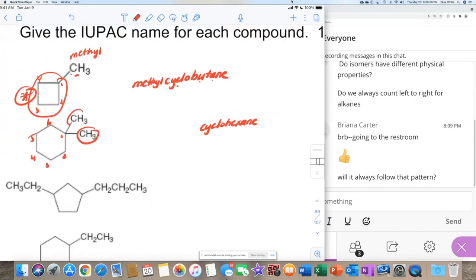Now I have two side groups, both called methyl. So I'm going to be combining them to get dimethyl, but I have to describe where they're located. Because we have two groups on the same carbon, I have to put the numbers so the person reading this gets the same picture.